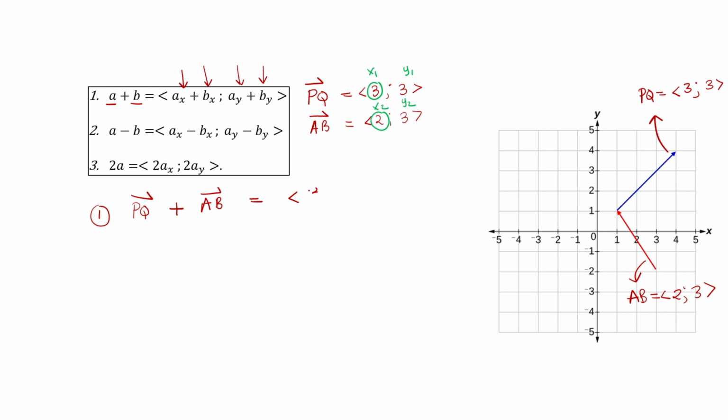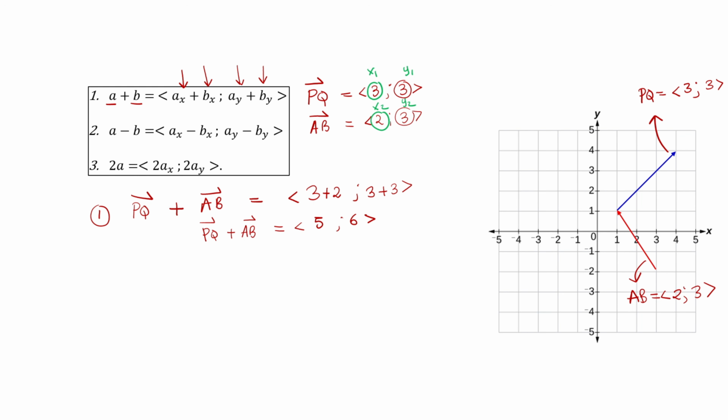And then you also add the y components, 3 plus 3. So the resultant of vector PQ plus vector AB is given by 3 plus 2, which is 5, and 3 plus 3, which is 6.